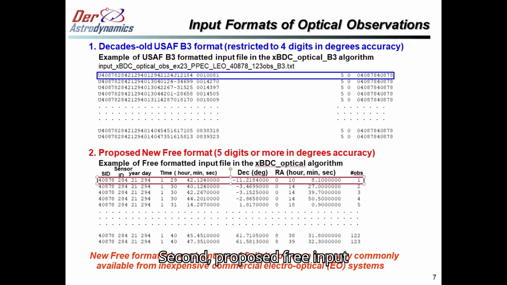Second, we propose a free input format of optical observations. To improve optical IOD and DC accuracy, the proposed new free format of optical observations that takes advantage of 5 digits or more accuracy is recommended.